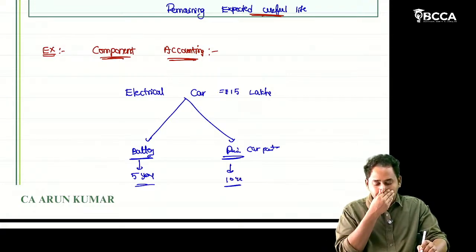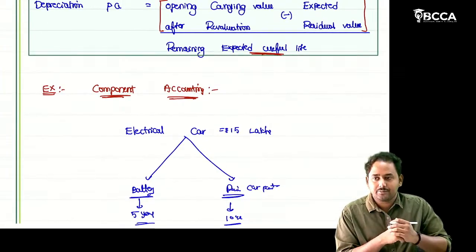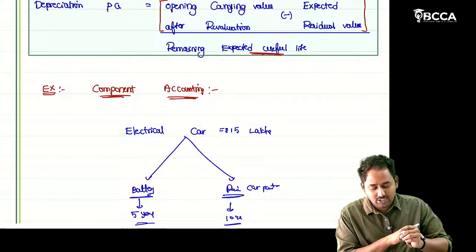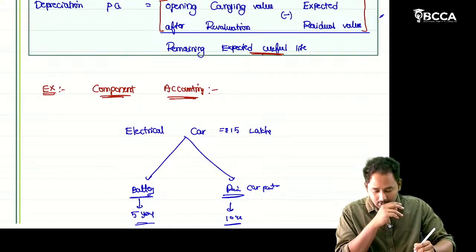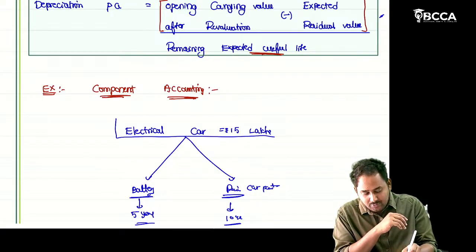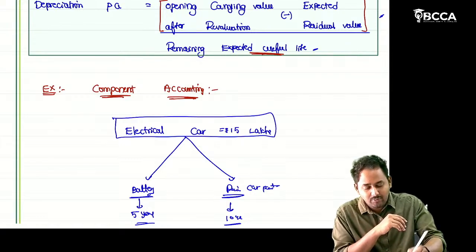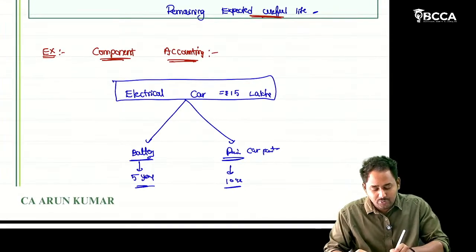So what am I going to do now? The depreciable amount of the asset should be depreciated over the useful life of the asset. Means I should follow this formula. If I wanted to provide the depreciation for this electrical car, I would use this formula, but in the question there are two useful lives available.